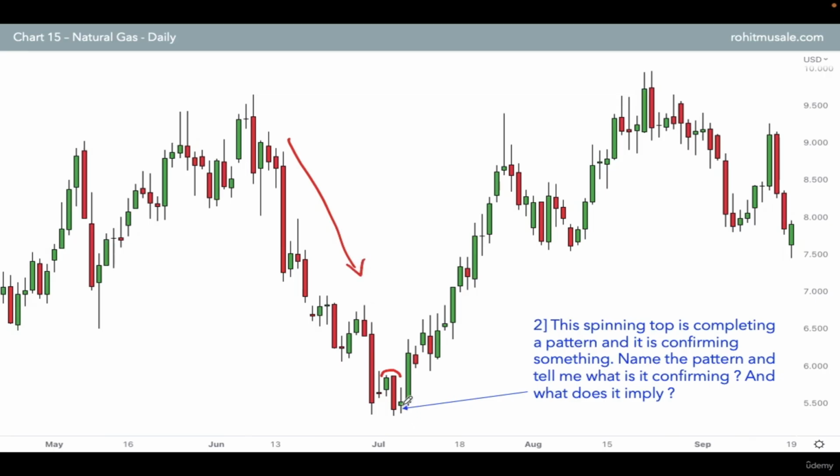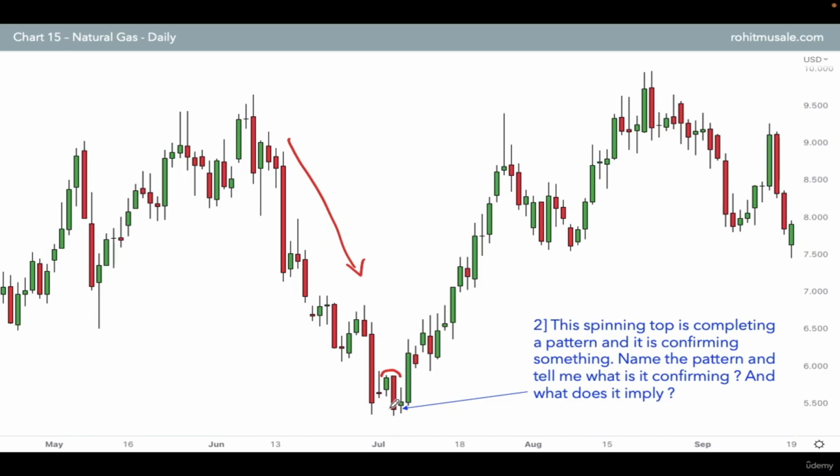And this tiny little candle is confirming the bullish implication of the last engulfing bottom, right? So that candle is very bullish. Even though it's a spinning top, it's a very bullish candle because it is confirming something. People who do not have knowledge of candlesticks would ignore that candle, saying that, okay, it's a tiny little candle, it's indecision, it doesn't mean anything, let us wait and see what the market does next.